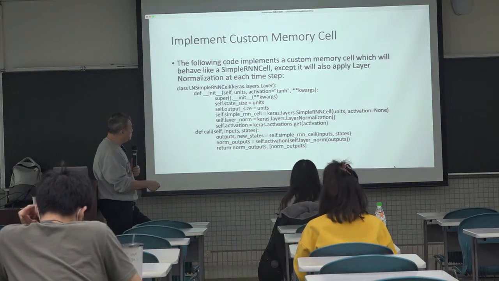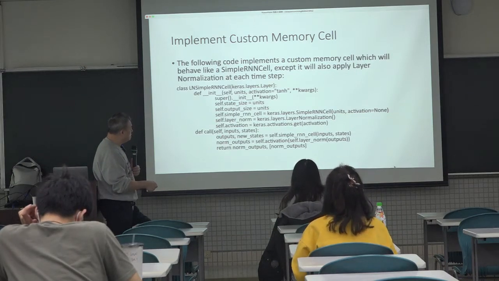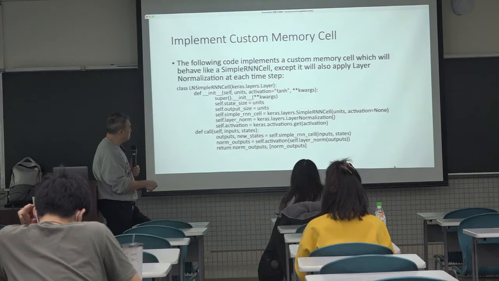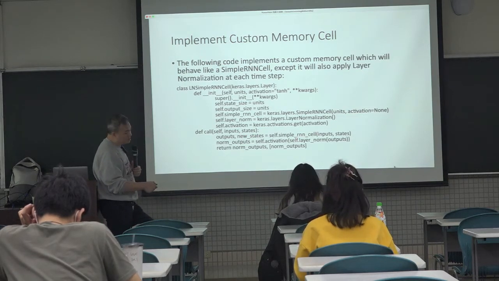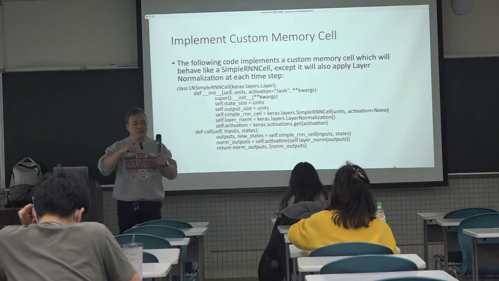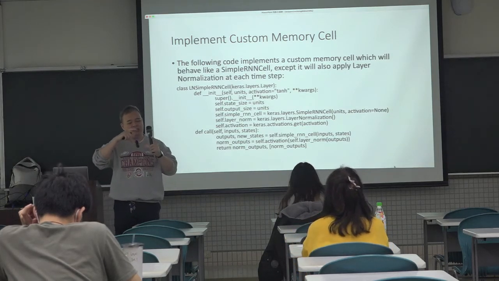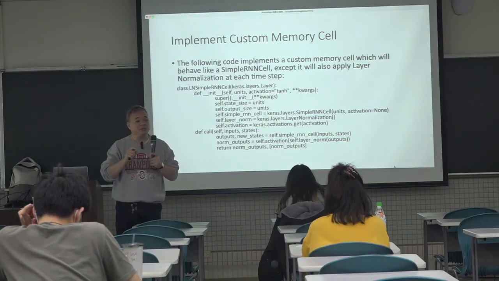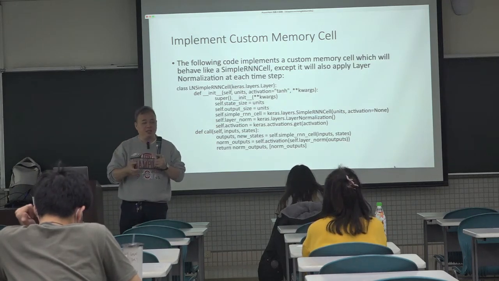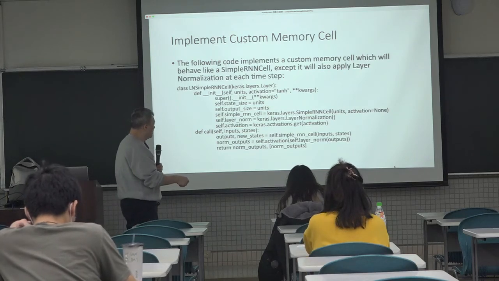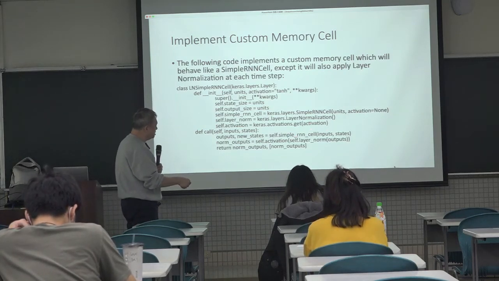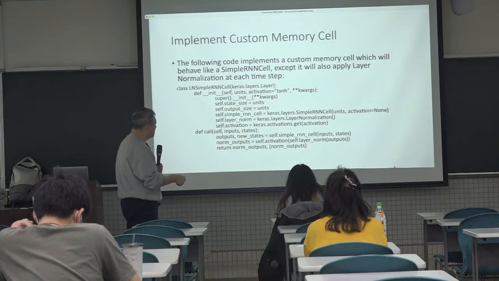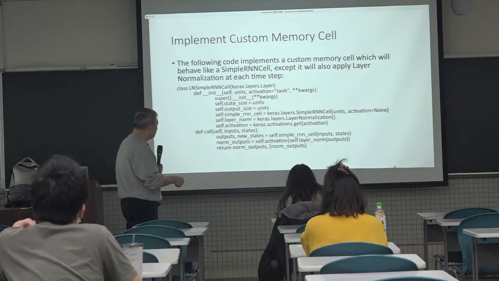The output and the new states basically represent the same thing, because remember, for simple RNN, the cell state and its output are the same. Remember, we talked about that, right? So if we have a number of simple RNN cells, their outputs as well as their states will be kept here.